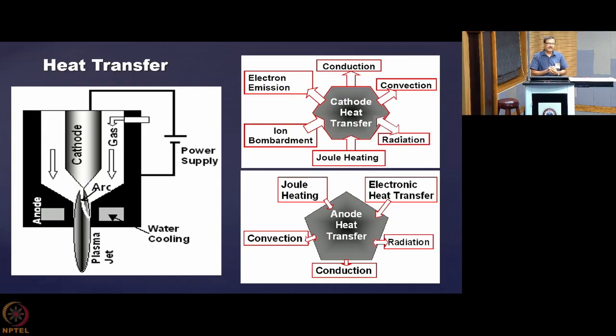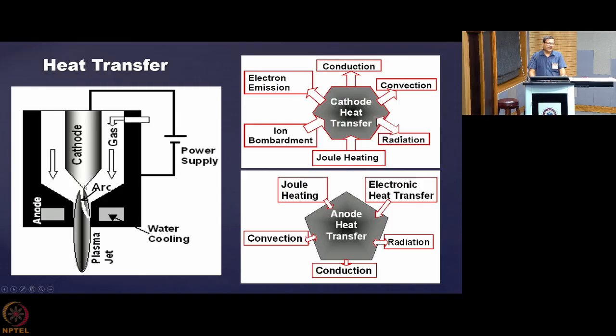Now, why should the plasma power be less than the power that you have supplied? The reason is that to save the structural integrity of the cathode or the anode, you need to cool them intensely, because the current density over the cathode is tremendous, of the order of 10 to the power 8 ampere per meter square.